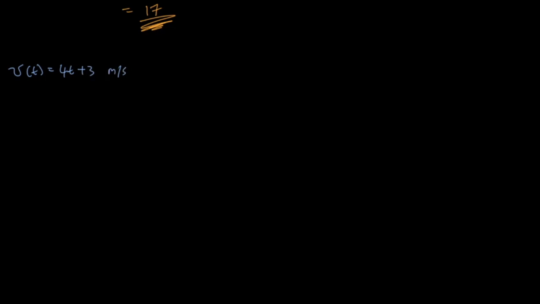And then we are asked to find how much distance the car has covered from time 1 second to 3 seconds. So if you start the timer at 1 second after the car has started and then stop the timer at 3 seconds, how much distance has the car covered in that time period?